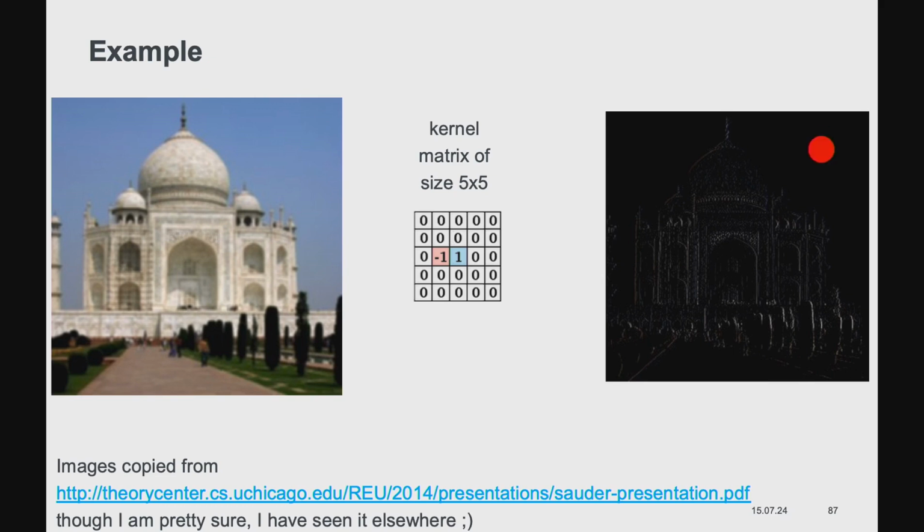And initially people developed such kernels manually, but then there was the idea, why don't we learn them? I mean, these are parameters, so we can just learn these parameters, right? Now, especially when we consider how does this work relative to parameter sharing?